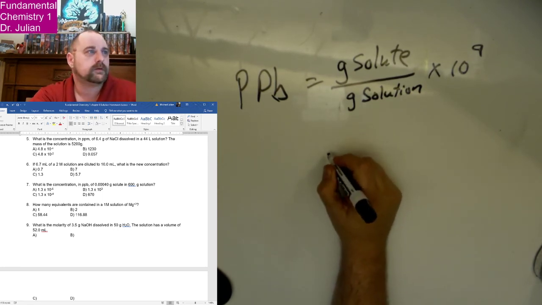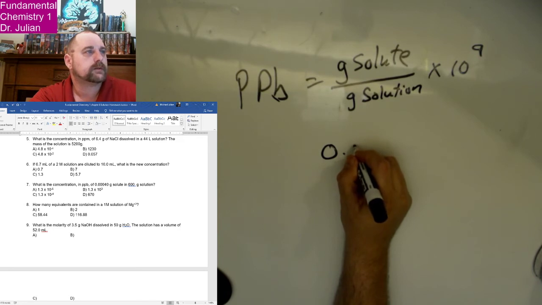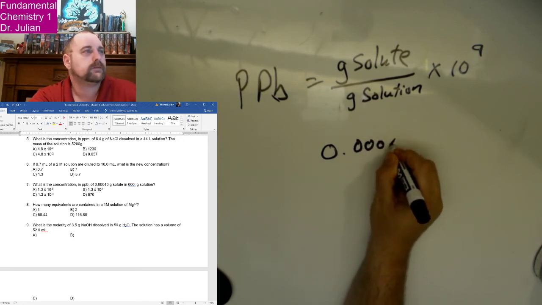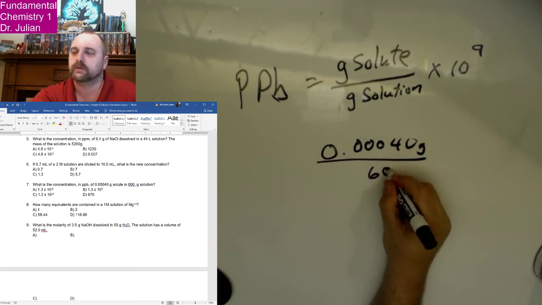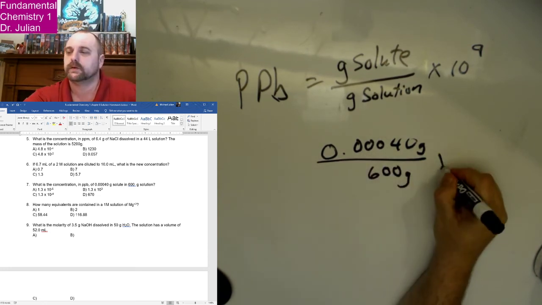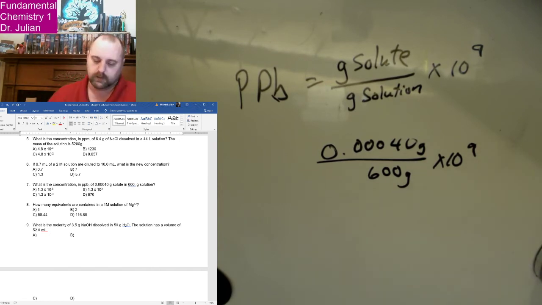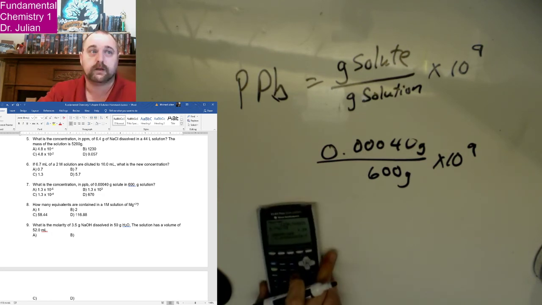Grams of solute. Let's count these zeros. 1, 2, 3, 4, 0 grams in 600 grams of solution times 10 to the 9. I got 3 zeros and a 4. Divided by 600. I hit enter.